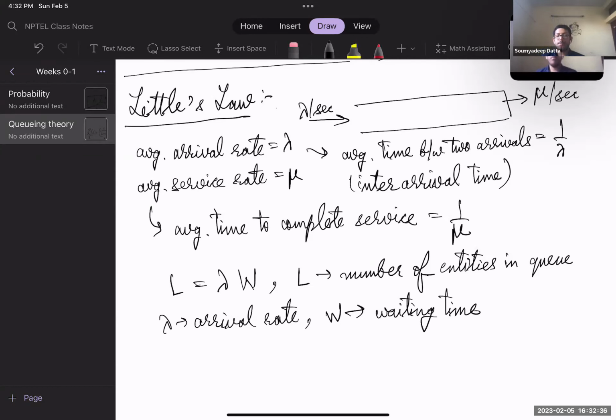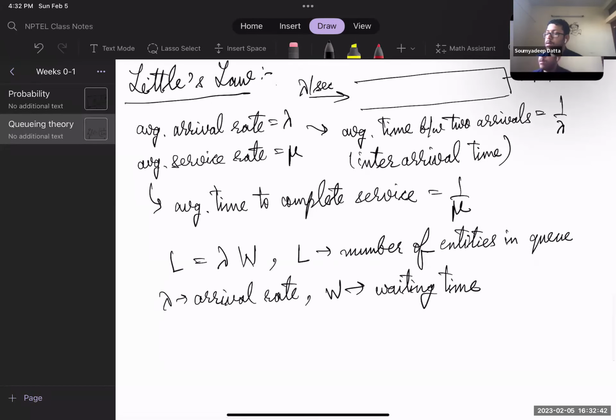You can check out proofs of this, but it makes intuitive sense that on average, if lambda people arrive and each one of them has to wait W amount of time on average, then at any instant, the average number of people in the queue will be the arrival rate times the waiting time.